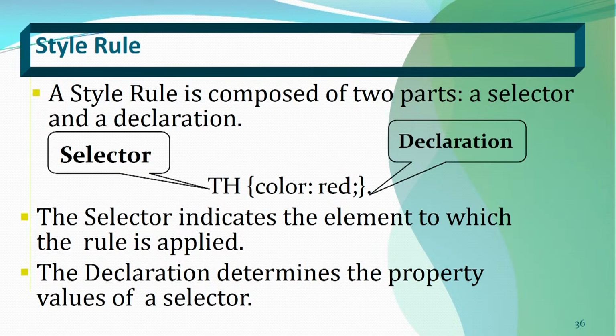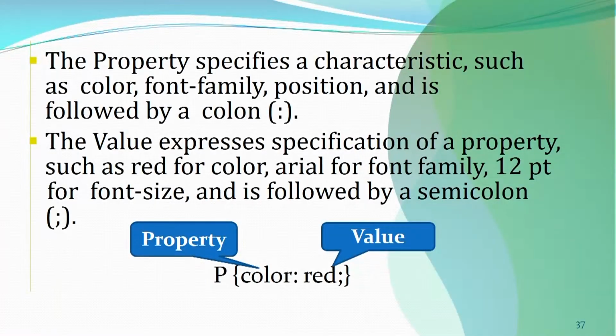So a style rule is composed of two parts, a selector and a declaration. The declaration consists of a property and a value. The selector indicates the element to which the rule is applied. The declaration determines the property values of that selector. A property specifies a characteristic such as color, font family, position, and is followed by a colon.